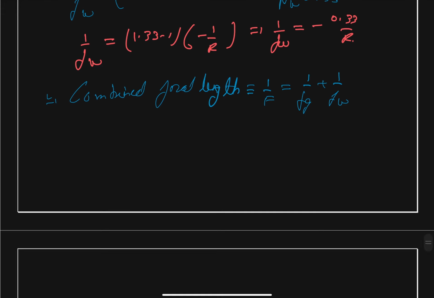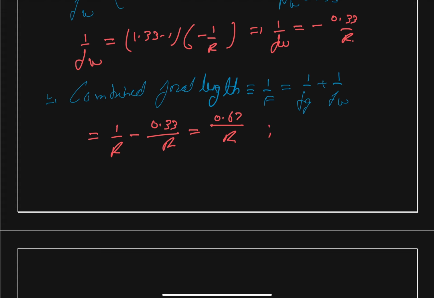We substitute it, we get 1 upon R minus 0.33 upon R, which gives us 0.67 upon R. And we know that in our first case F is 15 centimeter because the object and image coincide with each other.